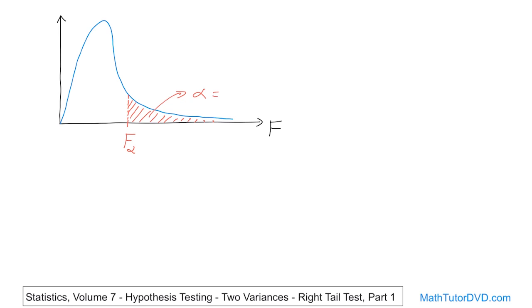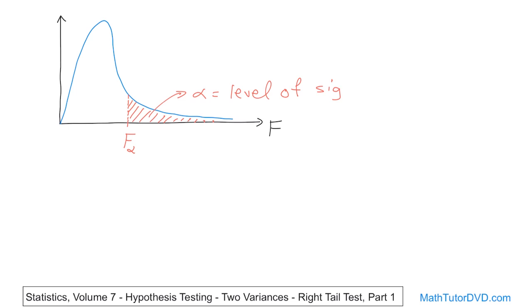And alpha is our level of significance, right? Which is basically related to the level of confidence. So if you're doing a 99% confidence test or a 95% confidence test, then this value of alpha is going to be different. So the shaded area will be different, and then the F sub alpha, the critical value, is going to be different for those problems also.